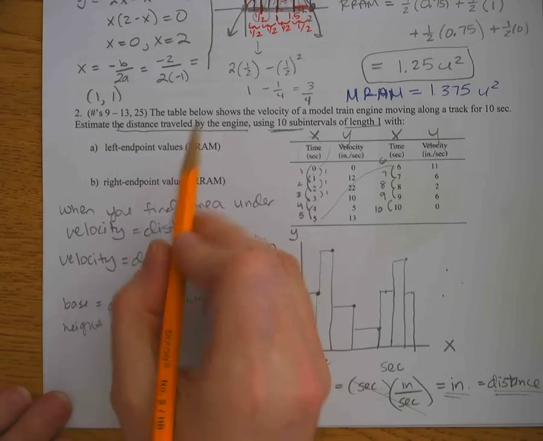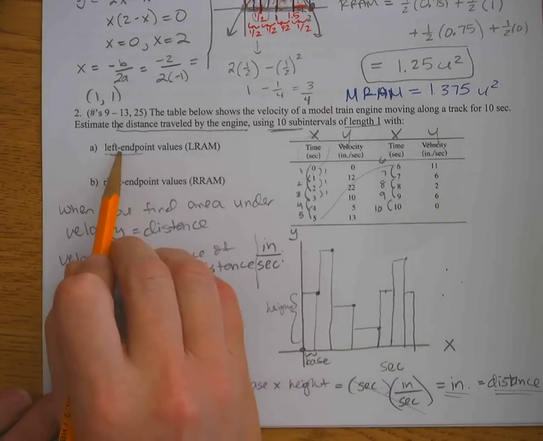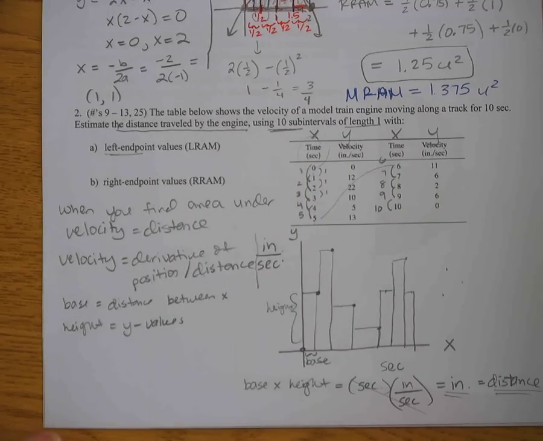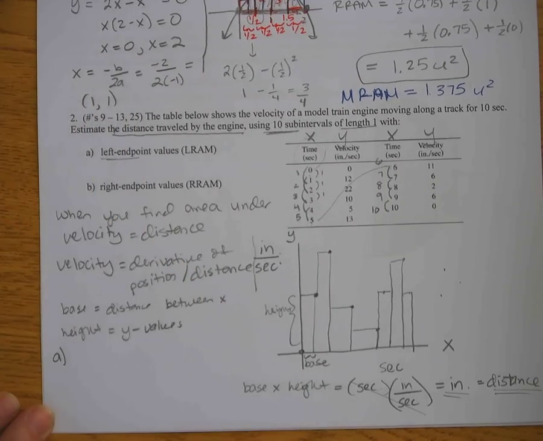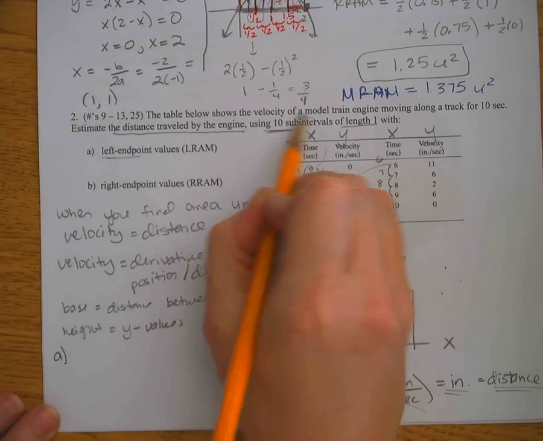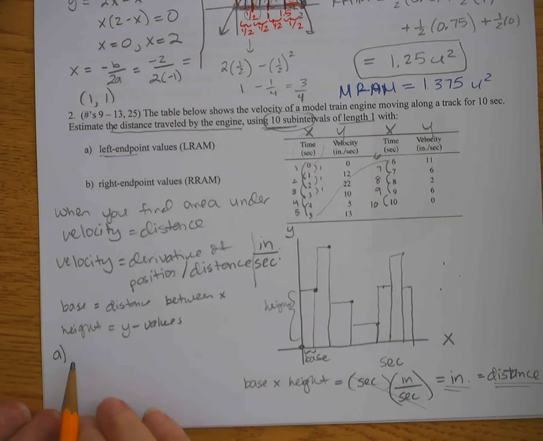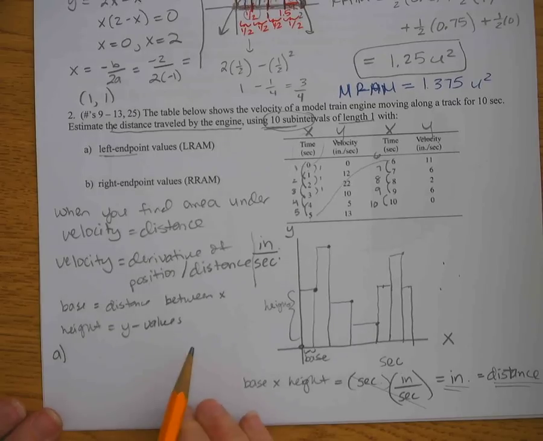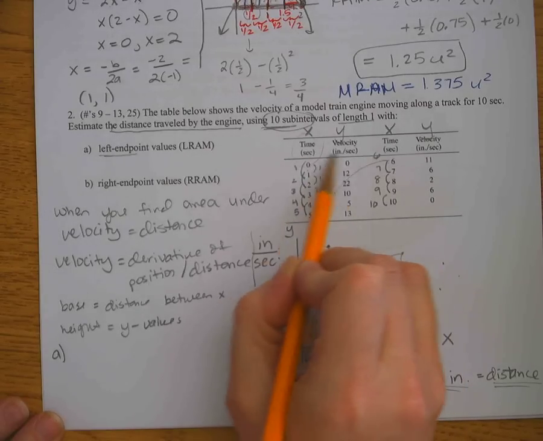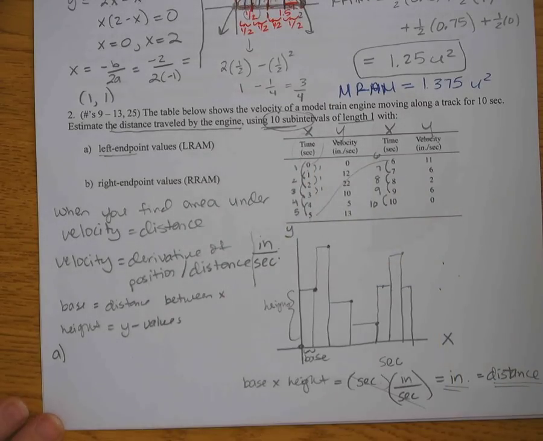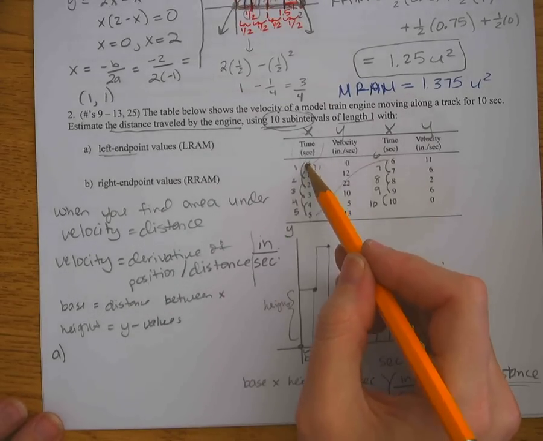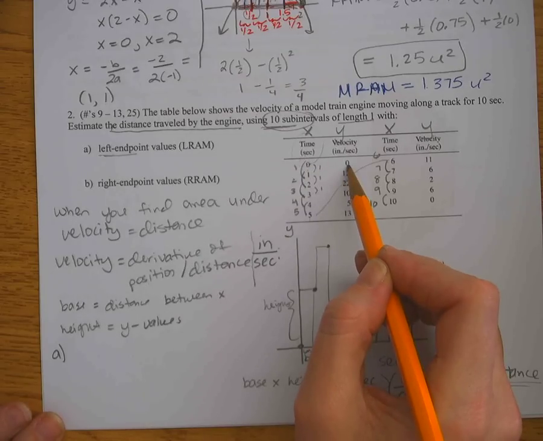And then in part A, it asks for left endpoint, and so we use the left y value to be our height. So for part A, I'm going to add up 10 areas of base times height plus base times height plus base times height, 10 times. I'll begin with the first interval, which goes from 0 to 1, and the left endpoint is at 0, and that height is 0.